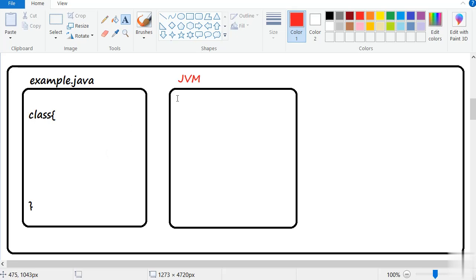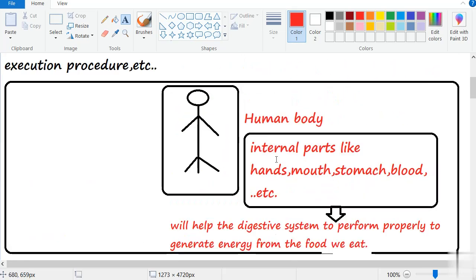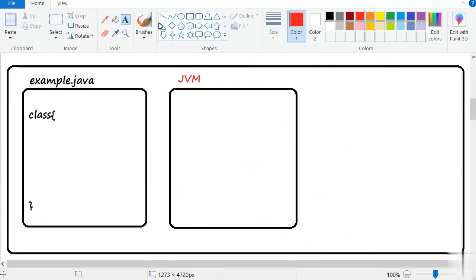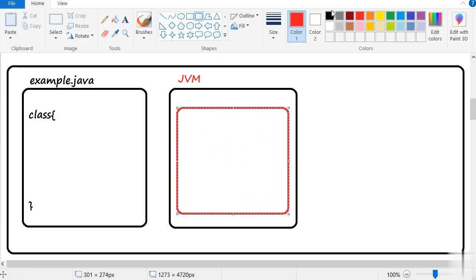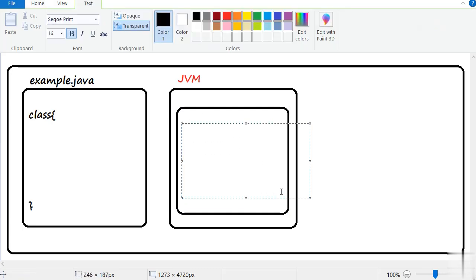And just as the human body has internal parts like hands, mouth, stomach, blood, our JVM also has some internal components, like hand, mouth, throat, whatever we have in the human body.